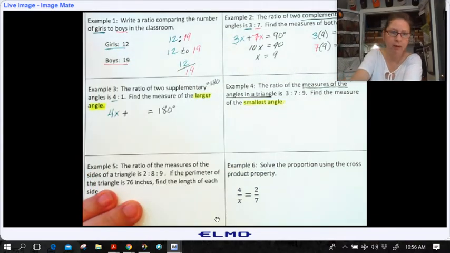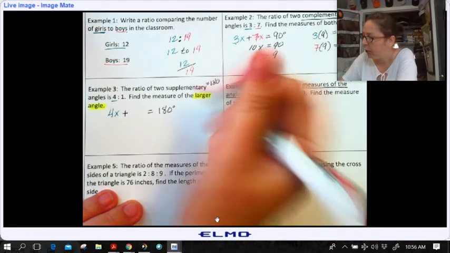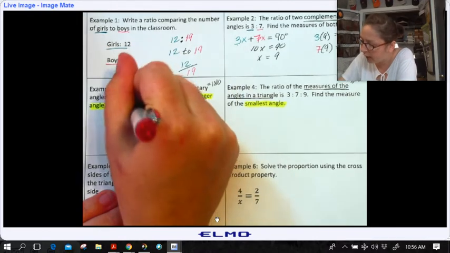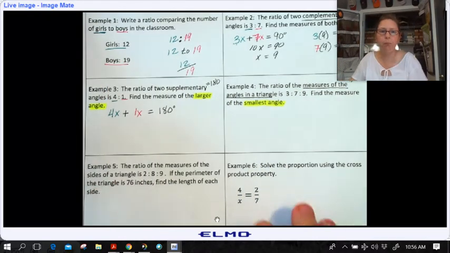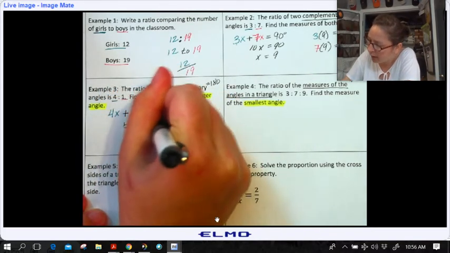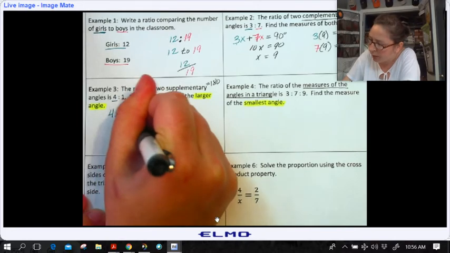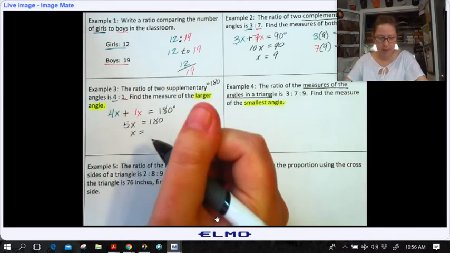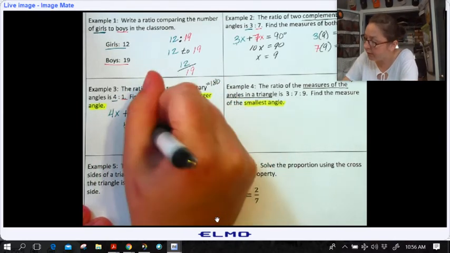So 4x plus, you can put 1x or just x. It's up to you. Let's go ahead and solve for x. 5x equals 180. Divide by 5. And x is going to equal 36.